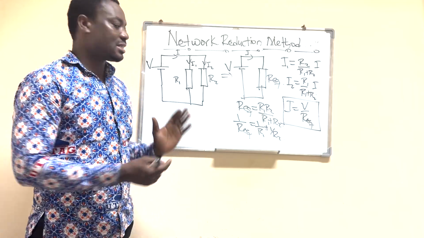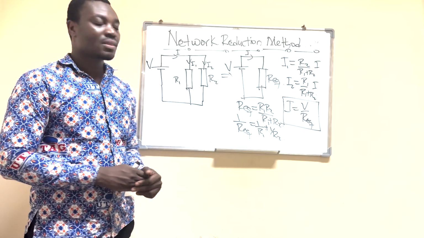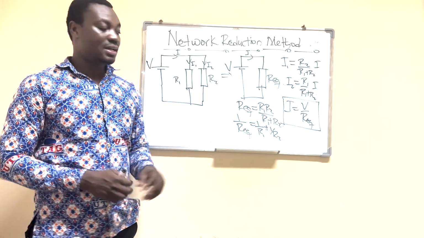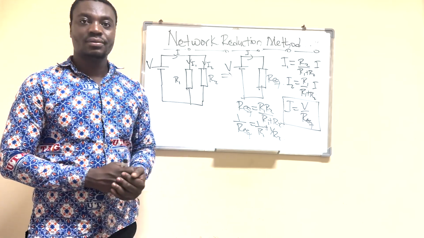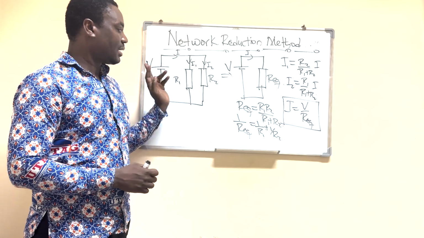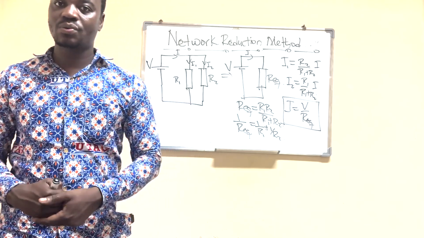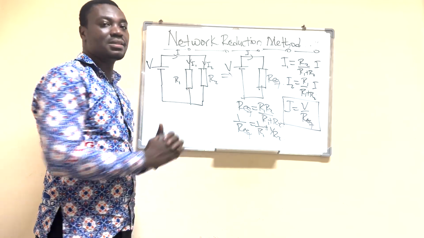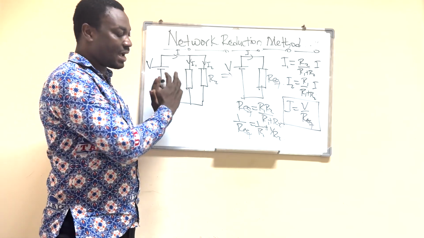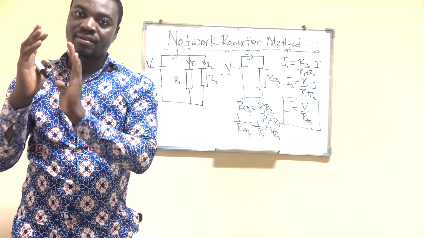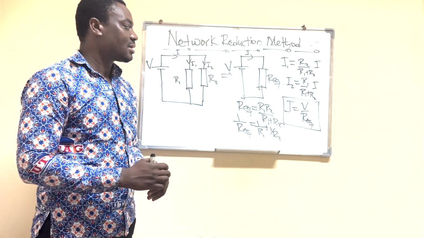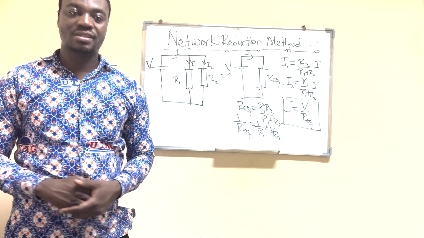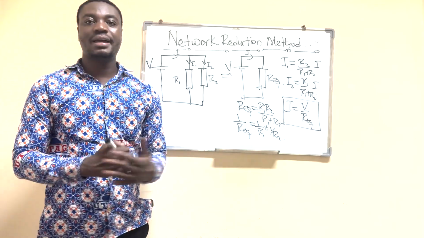And in this example, you can see that we have two resistors. This time they are connected in parallel. Right. Now, here again, when it comes to applying network reduction method, we are trying to reduce this circuit diagram here so that we have just a voltage and then an equivalent resistance so that we can then apply Ohm's law.